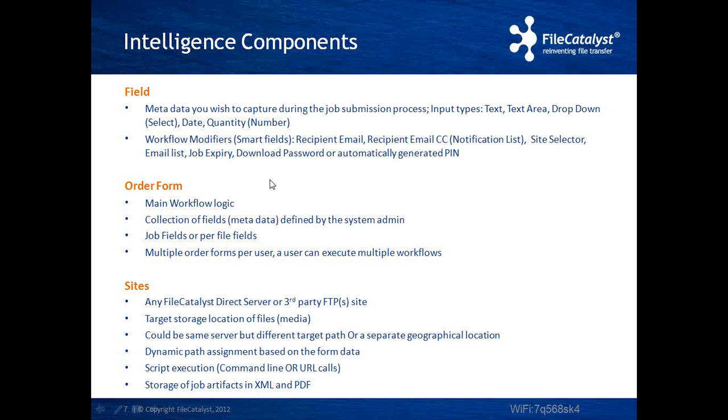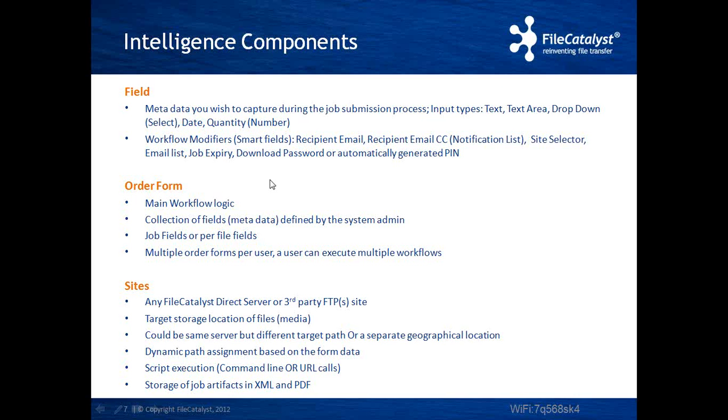If you have a site selector field, which I'm going to show you in a demo later on, you can allow the user to select which FTP or FC server the files will be uploaded to. And as another example, if you add a PIN field, a PIN is going to be required to download the files that were sent via email link to the recipients.